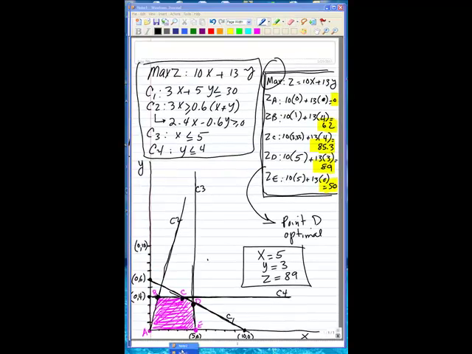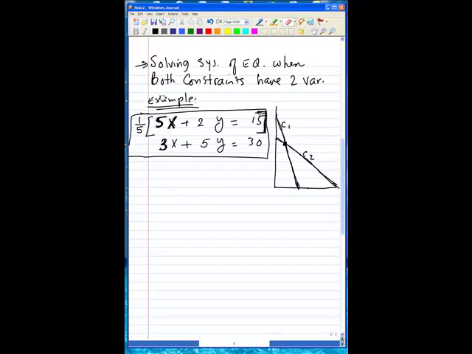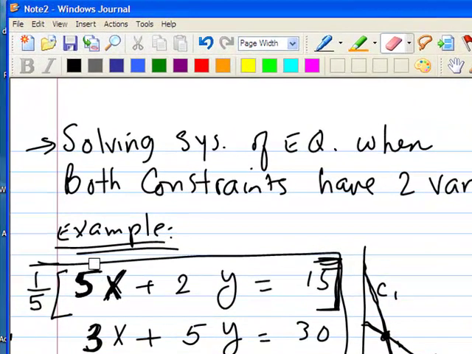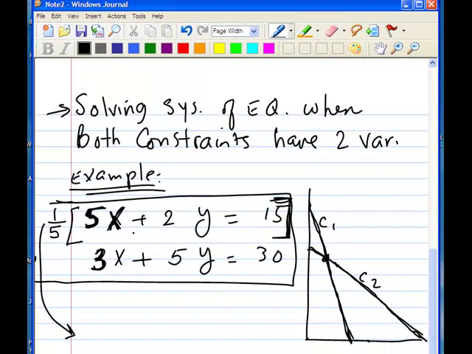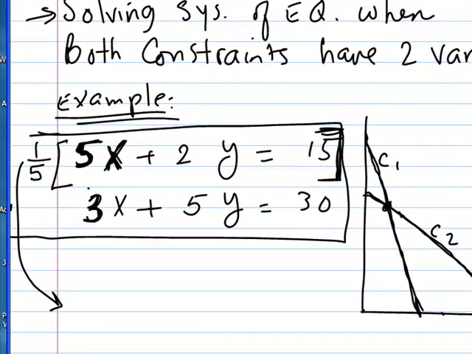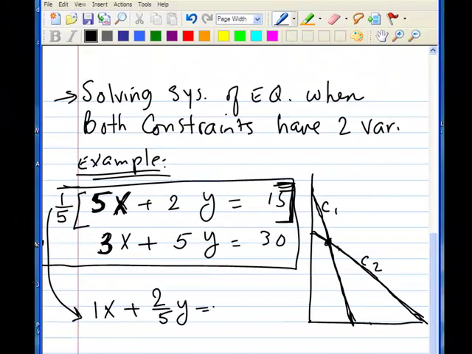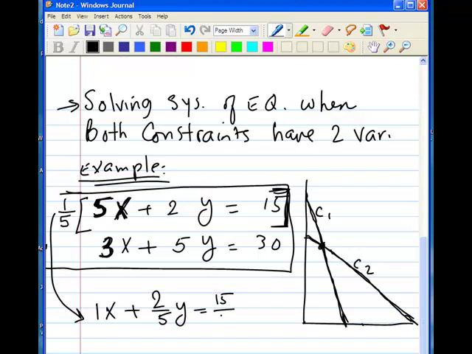So that constraint, if I multiply it by 1/5, I get 5 over 5, which is 1, so I'll get 1x plus 2/5 of y is equal to 15 over 5. But of course 15 over 5 is 3, so I can just write it as 3.